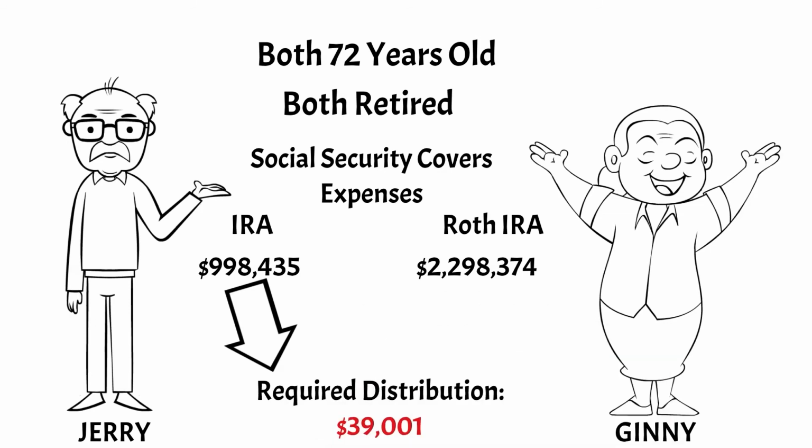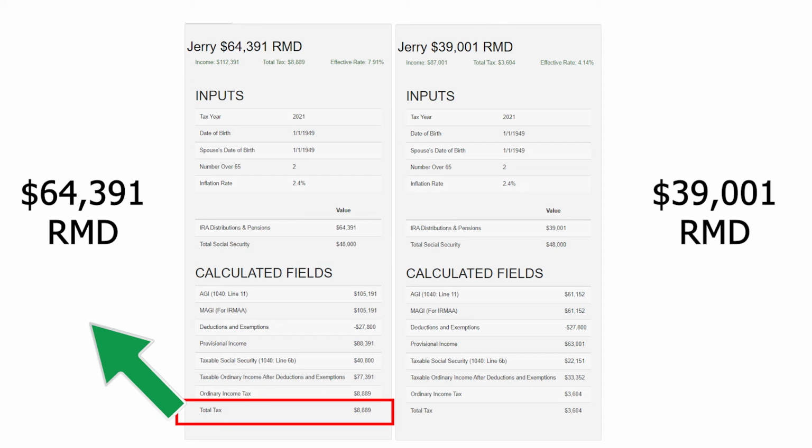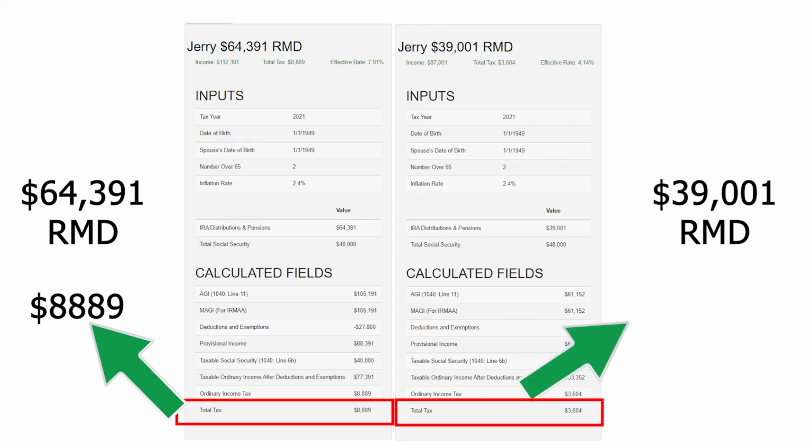So what does this do for their overall taxes? Well, plugging this information into our income tax calculator, we see that Jerry and Ginny's total tax burden with the $64,000 required withdrawal is $3,604, whereas with the $39,000 minimum withdrawal, it's only $889.